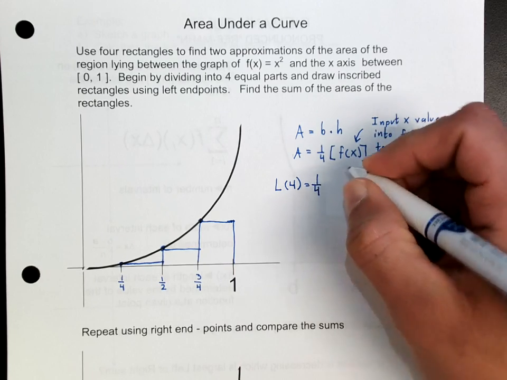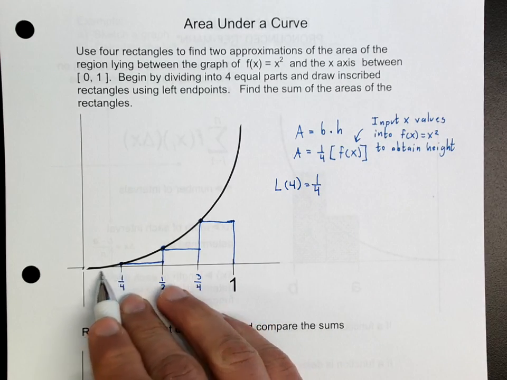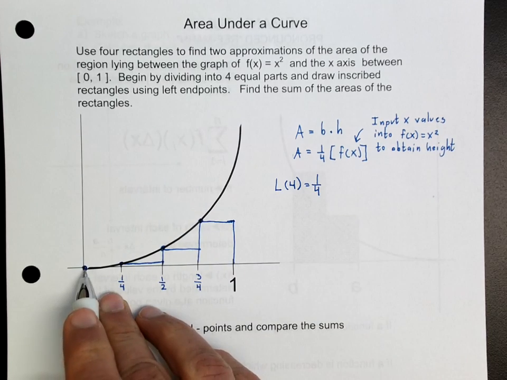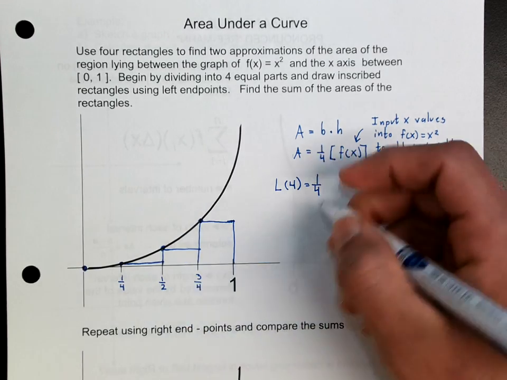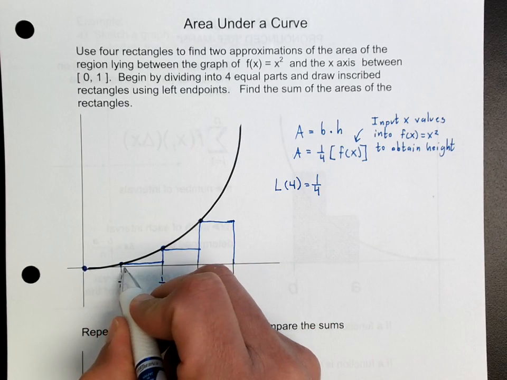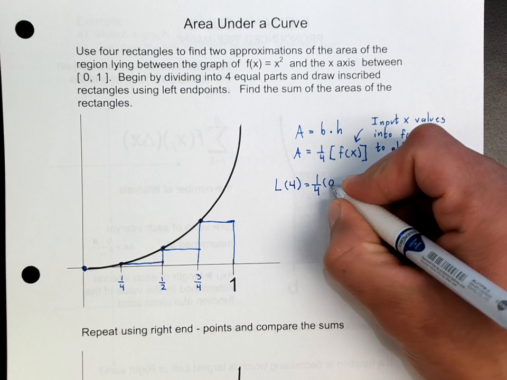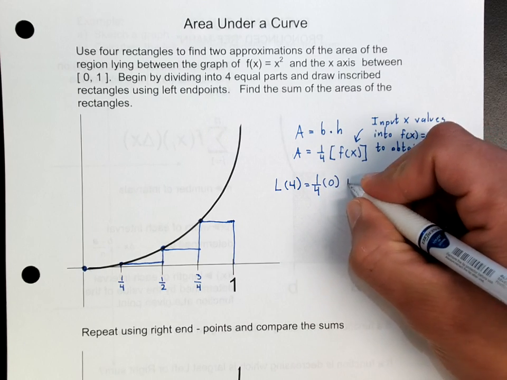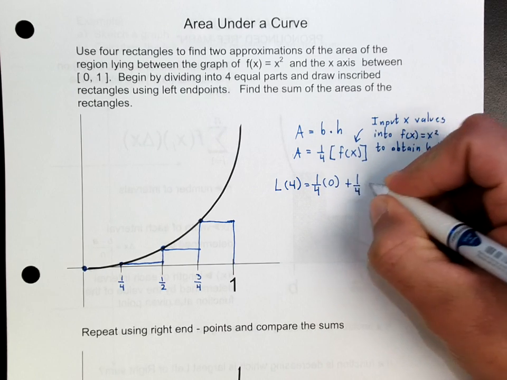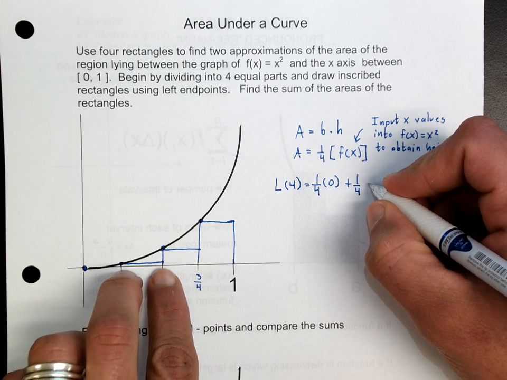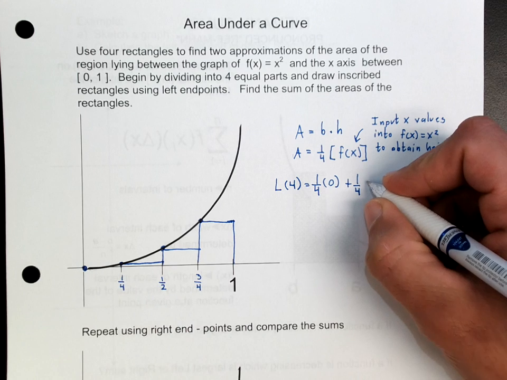Alright, so we have 1/4. Now, the first left endpoint is located right here. So the height of this one is going to be 0. Of this rectangle, there really is no rectangle, but this rectangle right here, the height would be 0. Okay, the other one, we have the same thing, the width is 1/4.